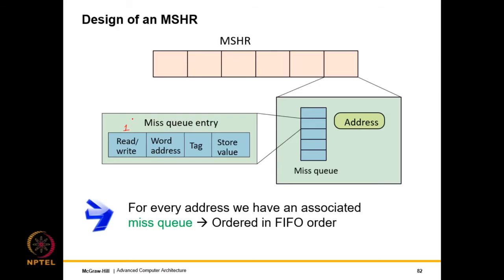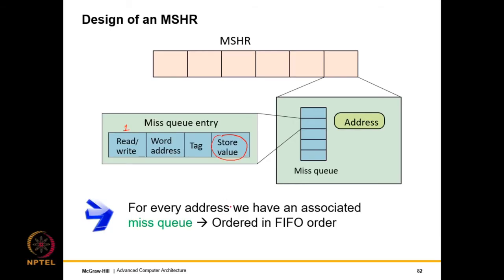Well, when the value of the load comes back from the lower level, we can immediately send the load value to the processor, and along with it the tag will go, because the tag will indicate which load it is. And the final field is a store value, which is the value that needs to be stored. This again is useful for stores.